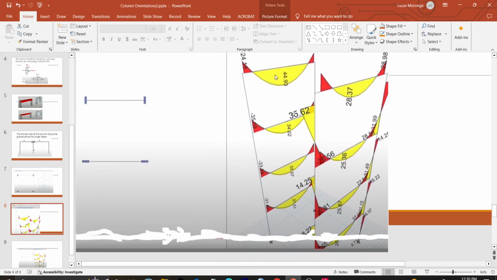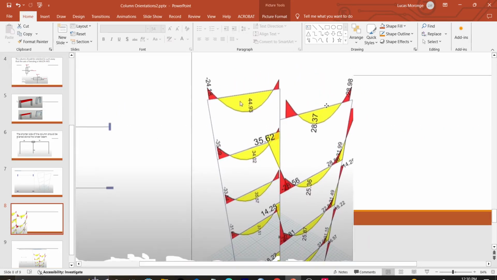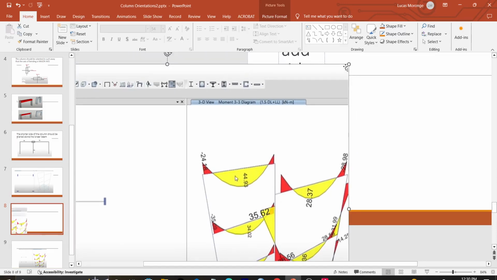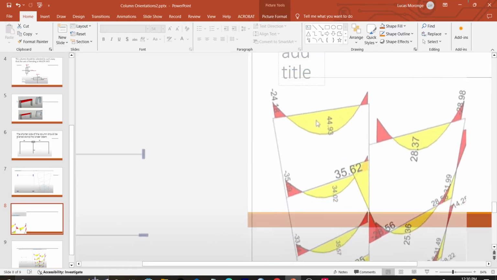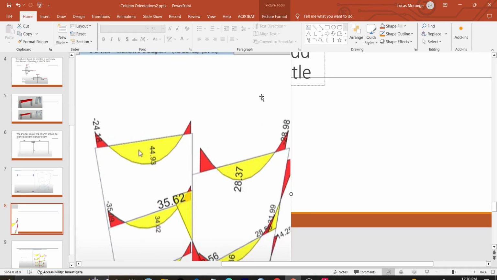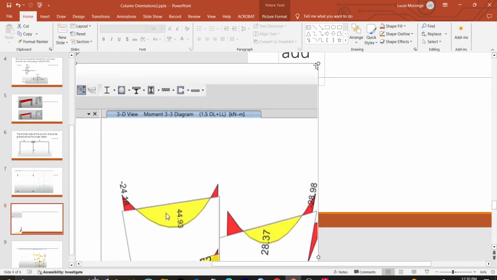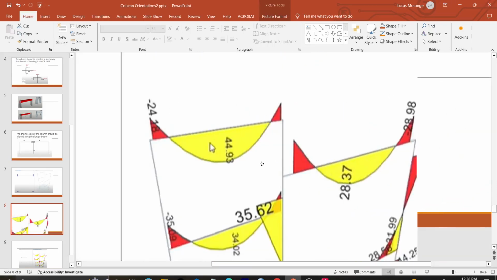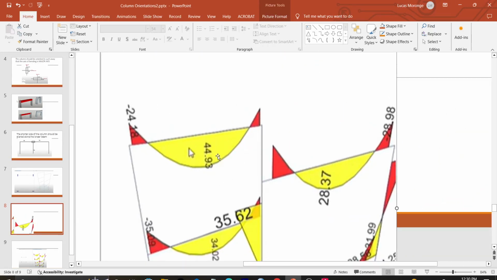For our first diagram, we have 44 as the bending moment, while the other one we only have 28. Meaning we'll need more reinforcement to counter this bending moment. More reinforcement means more cost, and if you use the same reinforcement, this one is likely to fail as opposed to this one, which is resisting a lesser moment of 28 kilonewton. So it's almost twice.